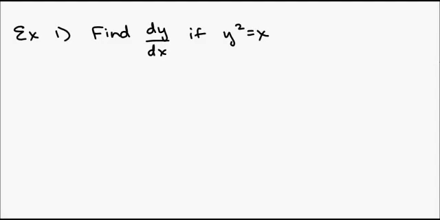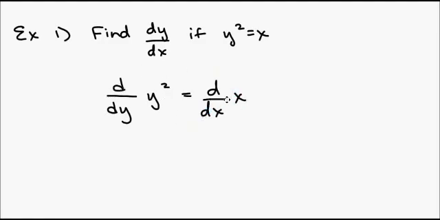So let's use implicit differentiation here. We're going to differentiate both sides of the equation with respect to x, and we are going to treat y as a differentiable function of x and apply the chain rule. So d/dx of y squared is equal to d/dx of x.